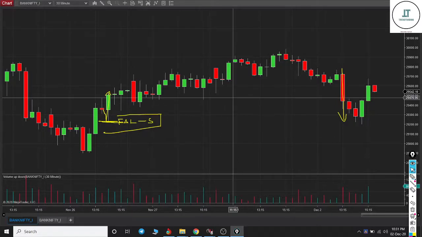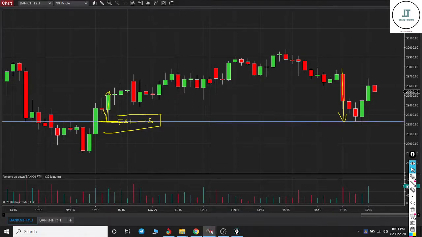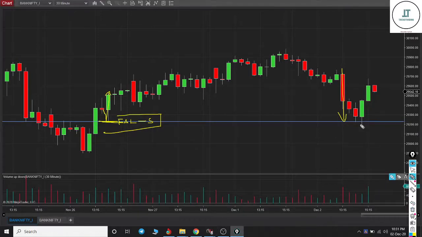And once price has broken this failure low of attempt, let me mark it down. Look at this closely. Price did not cross the low in this candle. When price crossed this low again for one more time, look at the candle pattern again, the candle pattern which I have discussed earlier.